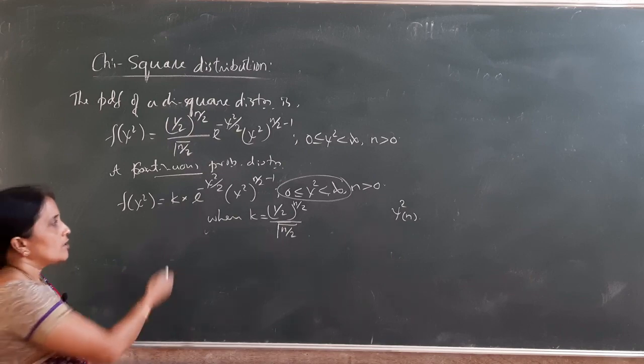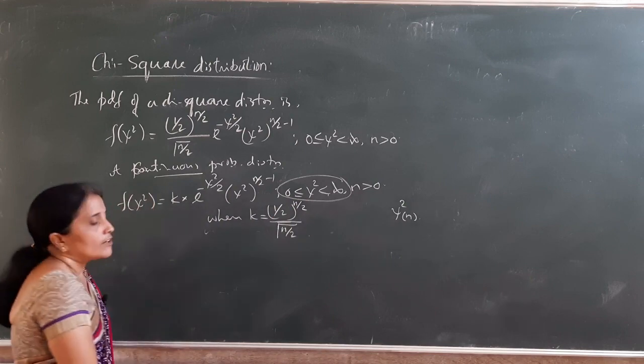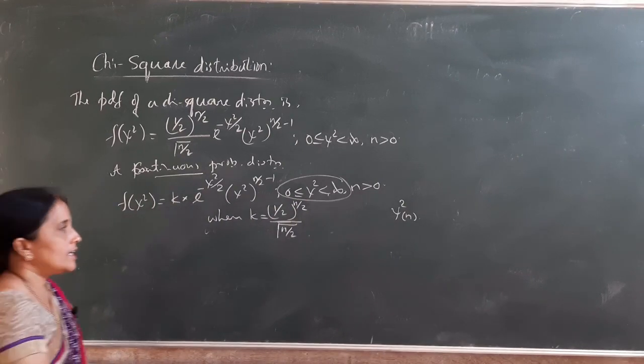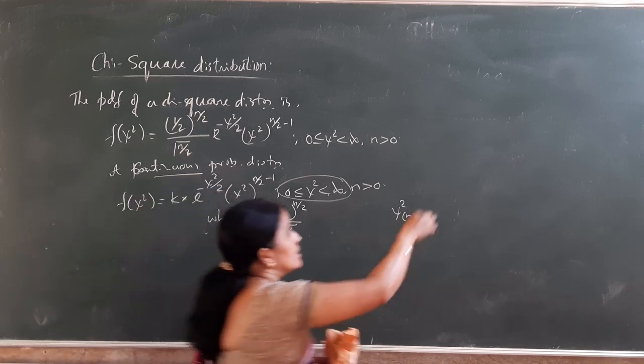Now we understood what k and n are, as well as the range of the chi-square distribution. Next, let us see the probability curve of a chi-square distribution, which is also called a chi-square curve with degrees of freedom n.